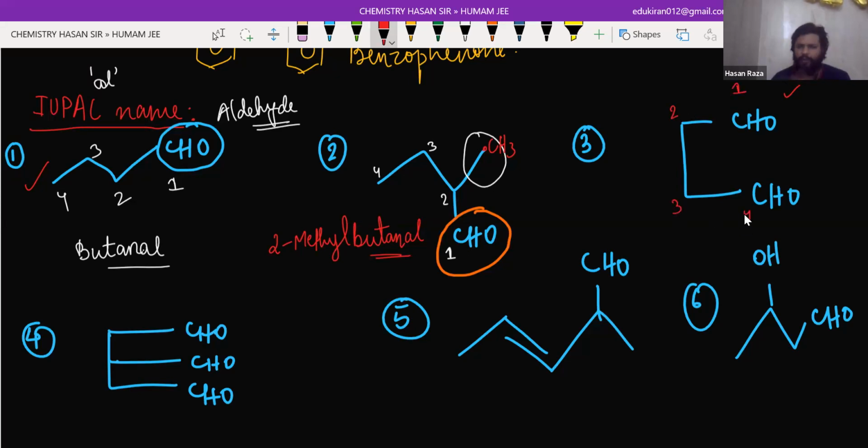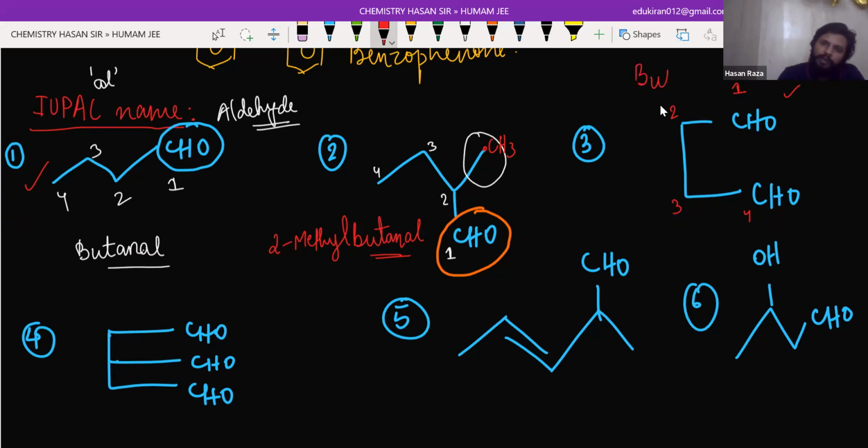If you are going to see, you are going to number it from 1, 2, 3, 4, or you can go from bottom to top. There is no branch. You are not looking at any branch, right? Are you getting my point, both of you? Yes. Now see, no branch, that means directly jump to the parent chain. How many carbons are present in the parent chain, Humam? 4 carbons.